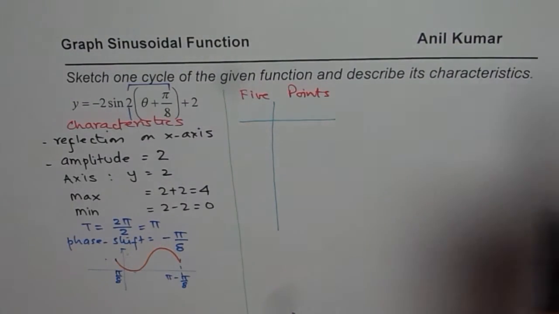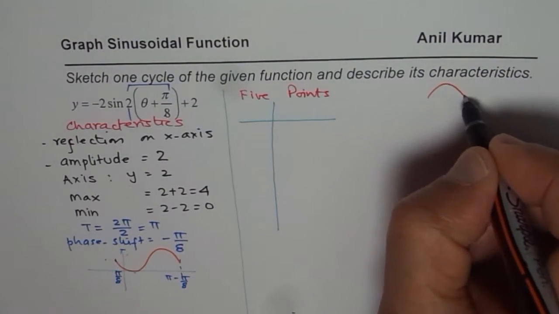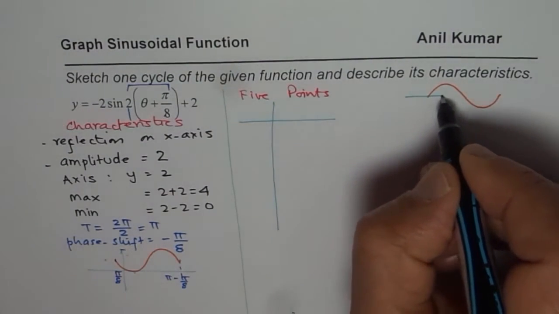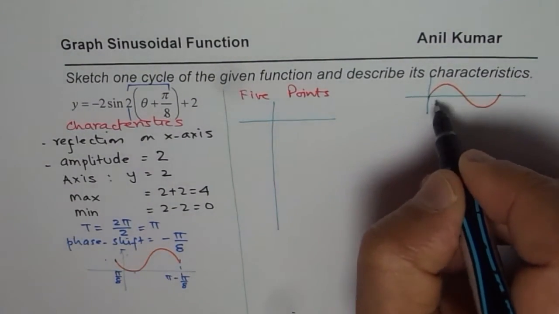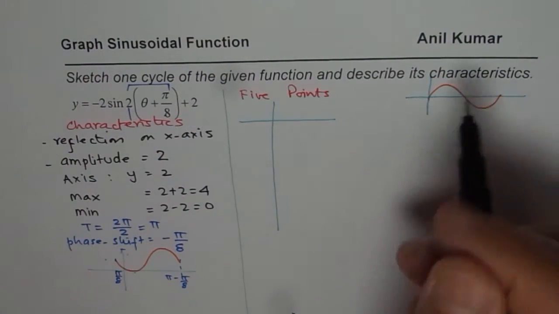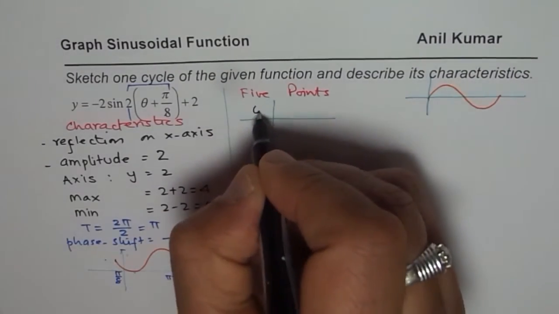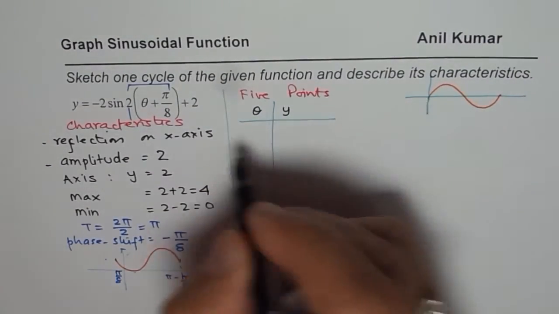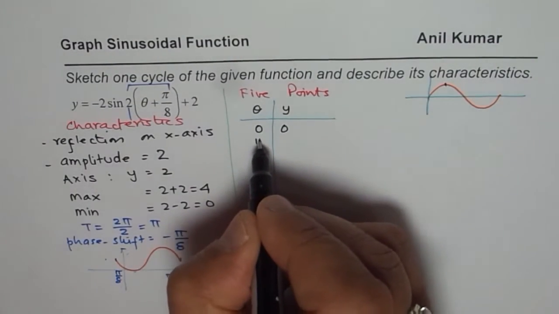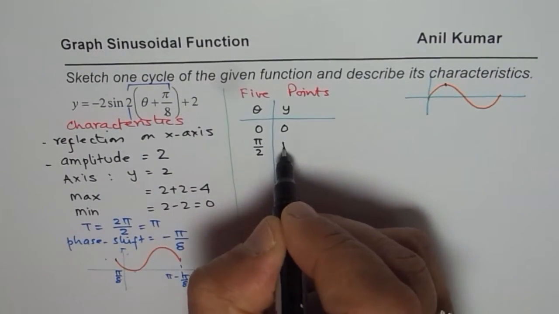As you know, the sine function basically starts like this, where it starts from the axis, and this is your original sine function. So you could write from here, for theta, what are the y values? When theta is 0, y is 0. When theta is pi by 2, y is 1.